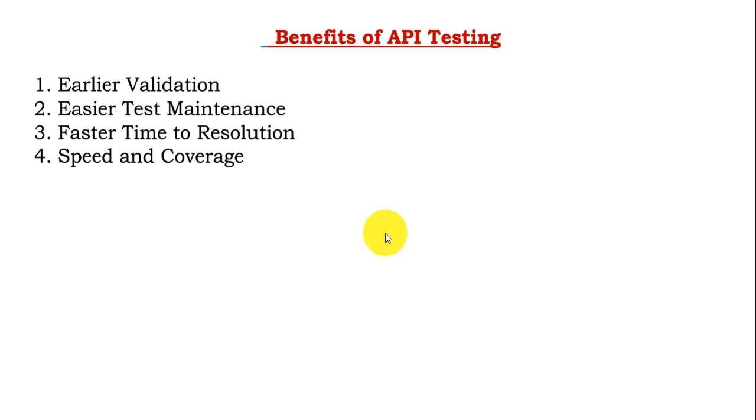At some places the UI also uses the same APIs, and at that place it is time saving. So that is why it is a faster time to resolution. Whenever you face any errors or issues from the UI front, first the developers will check the API. They will check how it is responding, and from that they will start debugging.